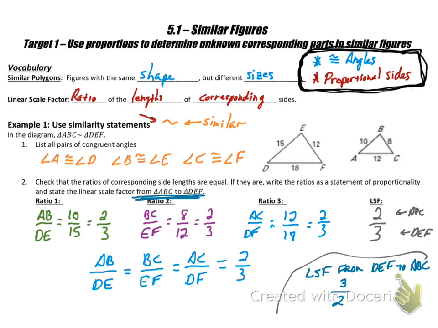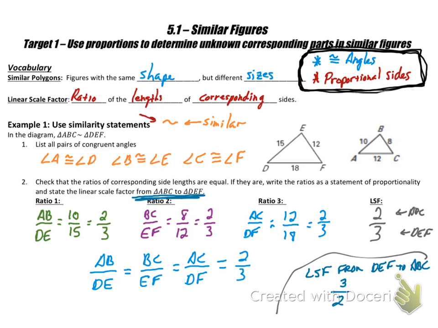And when it's in that order, when I start at ABC and I'm going to DEF, when I'm listing my ratios, all of my segments from ABC are going to be on top. The segments from DEF are going to be in the denominator.